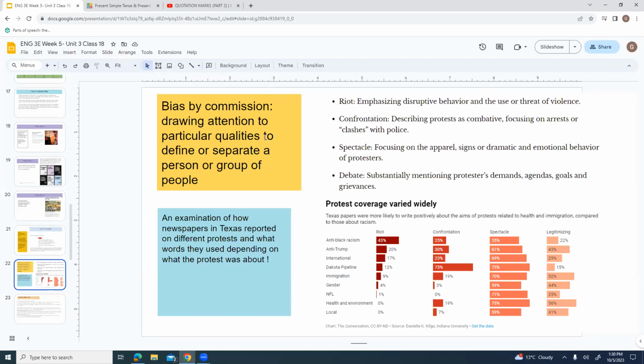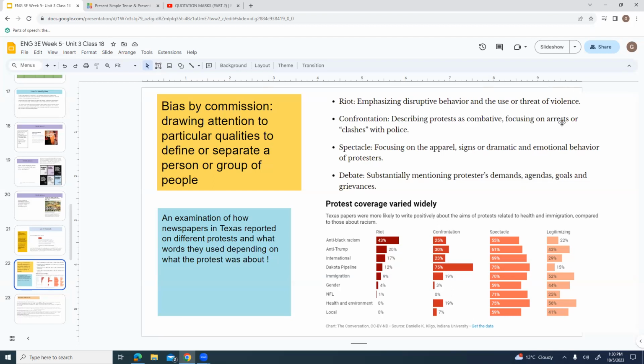So an examination was done of the newspapers in Texas and how they reported on different protests and what kind of words they used depending on what the protest was about. If they used the word riot, they were tending to emphasize disruptive behavior and the use or the threat of violence. If they used the word confrontation, they were often describing protests as combative.